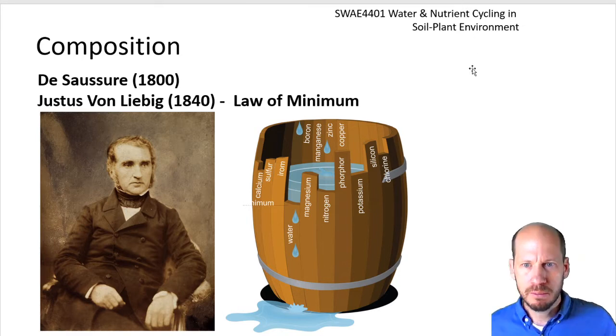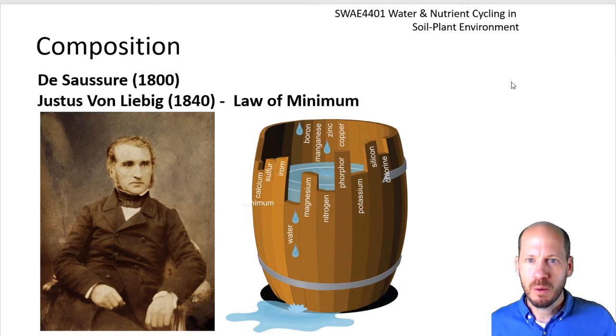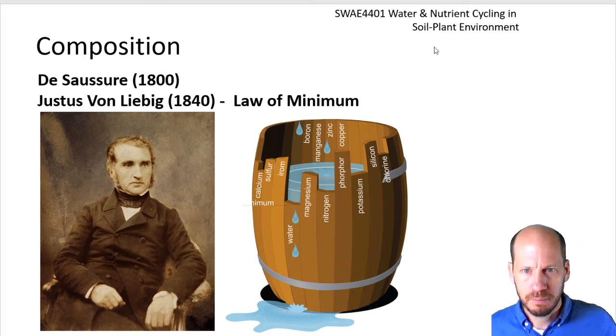The law of the minimum says that it's not about how much nutrient or how many minerals you have in the soil. What we should mainly care about is which mineral is most deficient, so what is the most limiting factor in the soil, and that goes not only for nutrients but for anything else that affects plant growth.